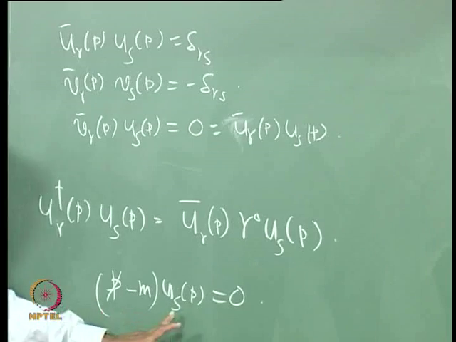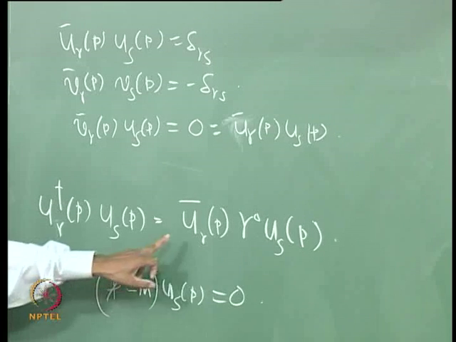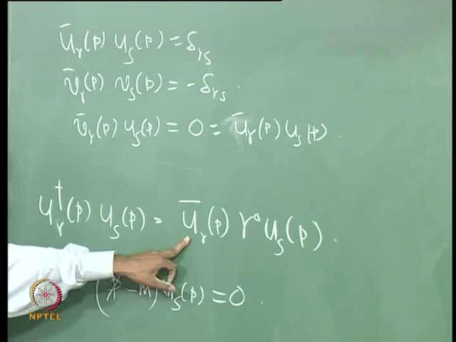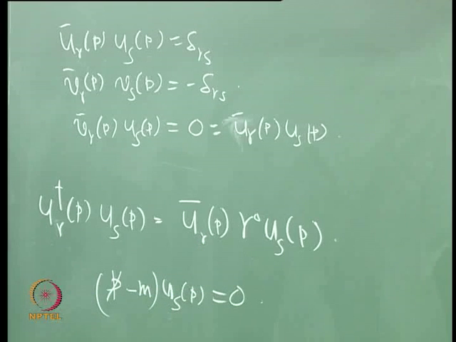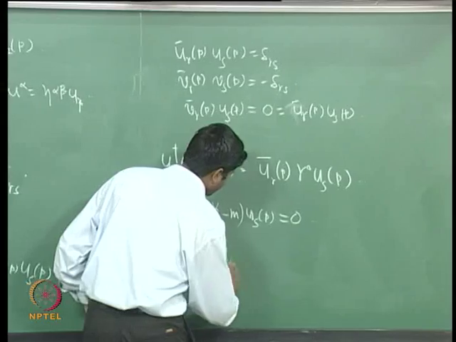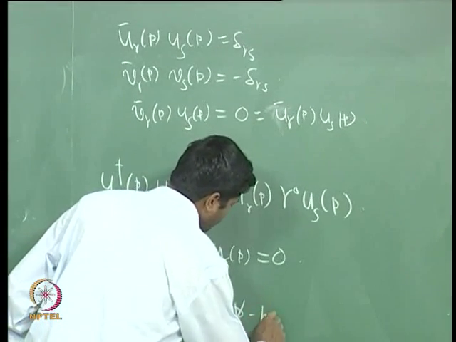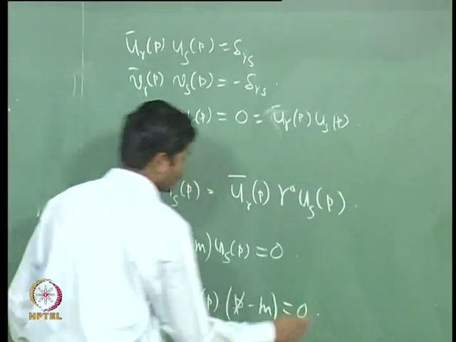If you take the Hermitian conjugate of this equation, you will get the Dirac equation obeyed by u bar s of p, which is u bar s(p) (p slash minus m) equals 0.